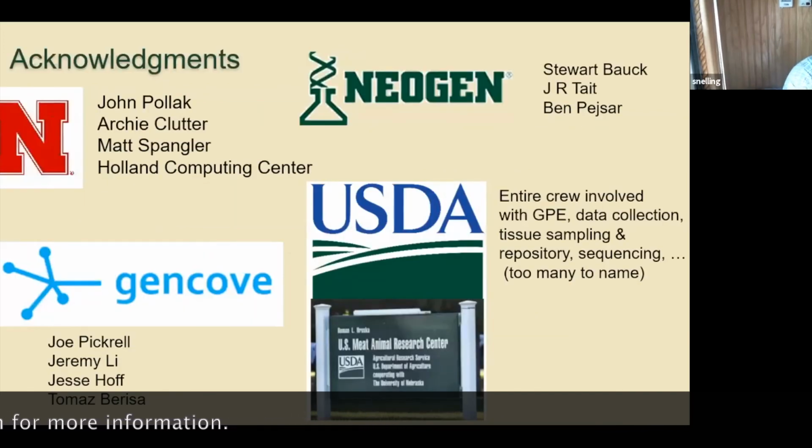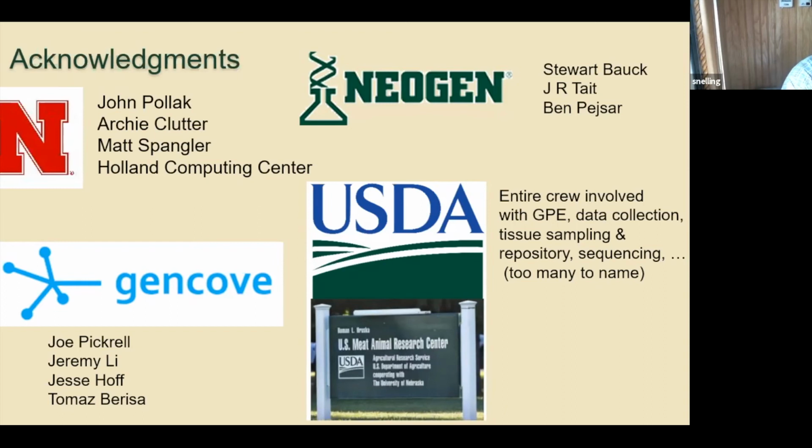This wound up with a lot of people involved. All of the low pass genotypes came from a collaboration with UNL and Neogen, and the group at GenCove is behind all the imputation from low coverage sequence to the reference panel that they've put together.